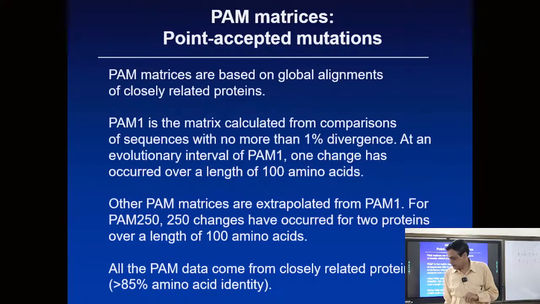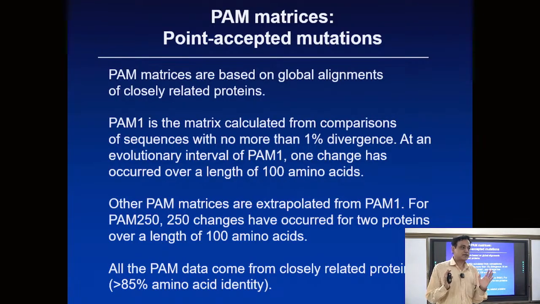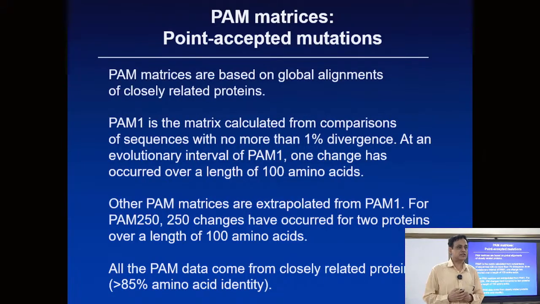I will not go into the mathematical details again, but different PAM matrices were derived and they were numbered. PAM1, for example, is a matrix that reflects 1% divergence, which means 99% of the sequences are similar or identical to each other.